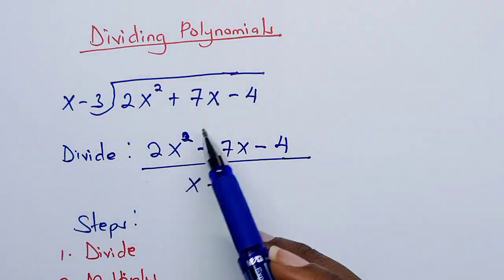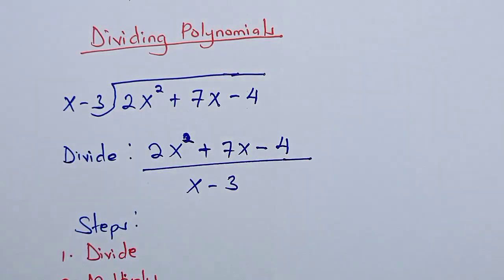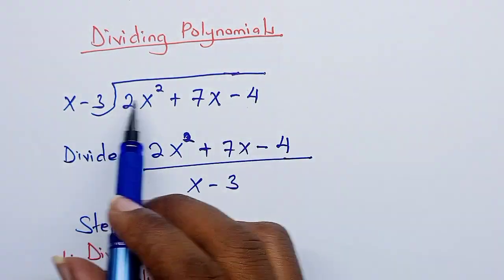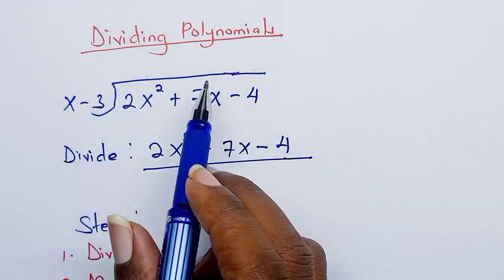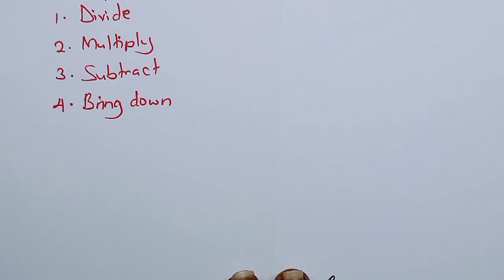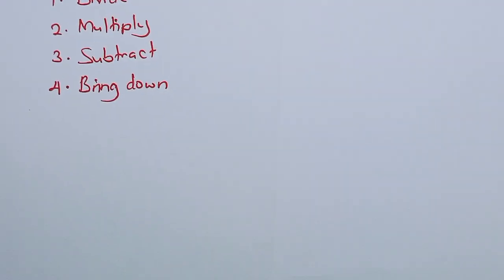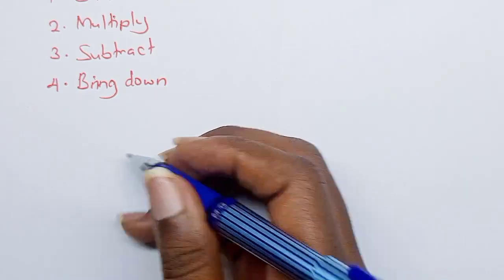So you put the quotient inside here and the divisor outside this sign here. It's just like the normal long division we used to do for the other terms that have no unknowns.